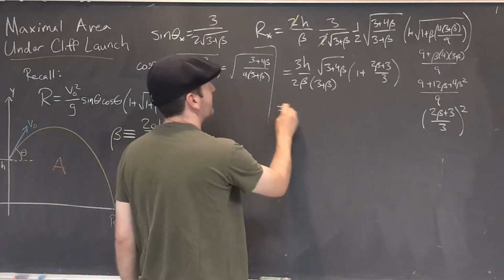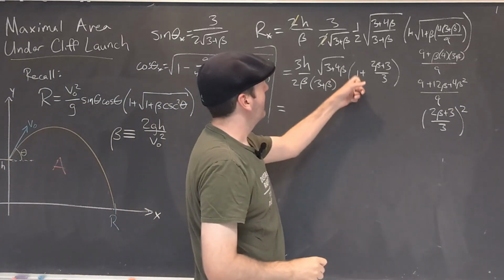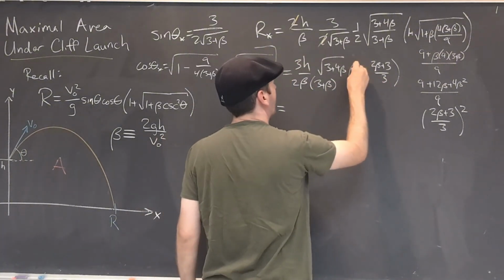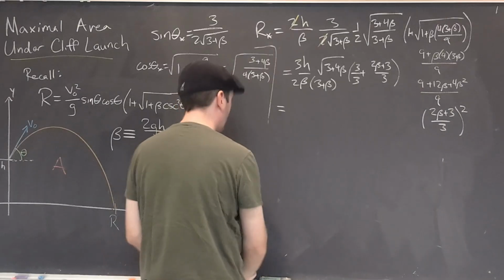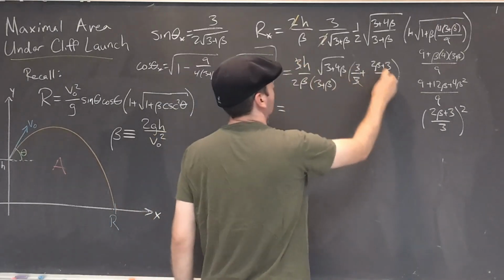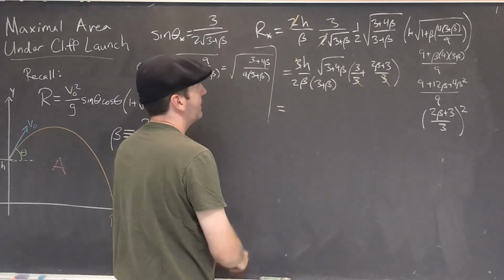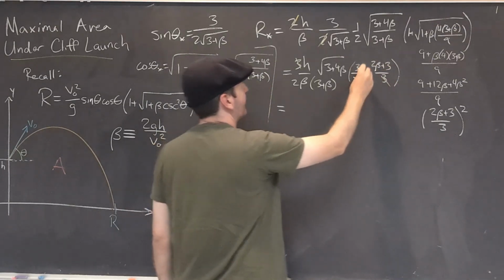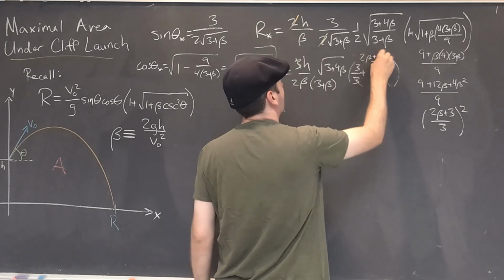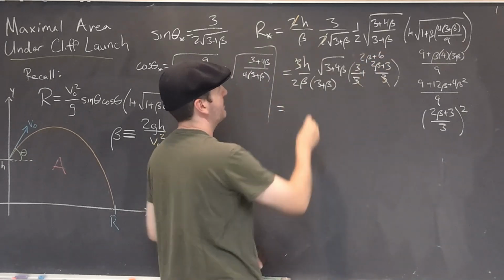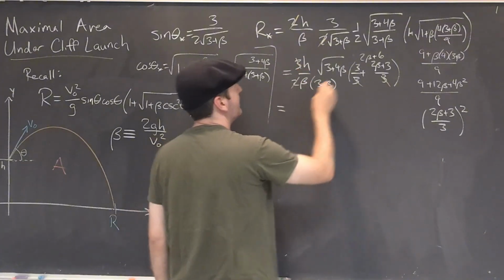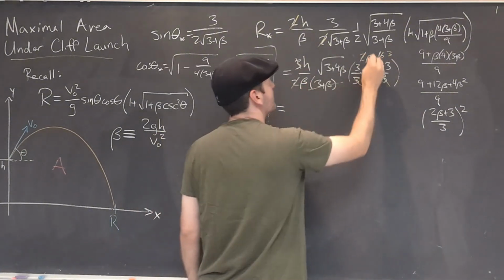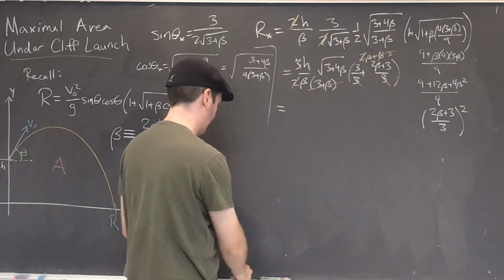Finally, bringing all of it together, a 3 up here. The 3's will cancel with this 3 that's out front. This becomes 2 beta plus 6, but that can be partially canceled with the 2 here, giving me a beta plus 3, and then a 3 plus beta, canceling it all the way down.